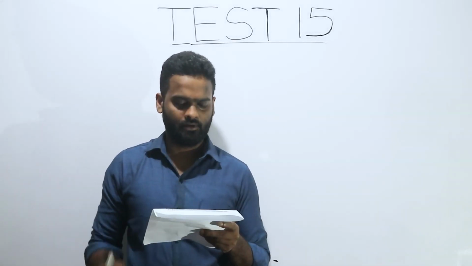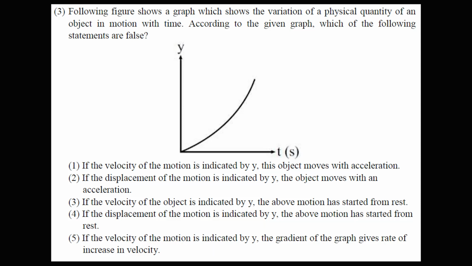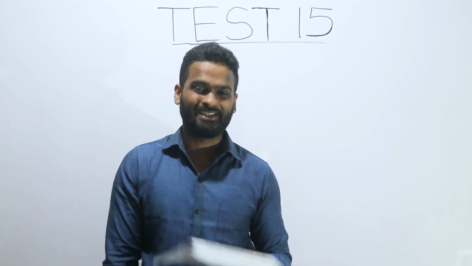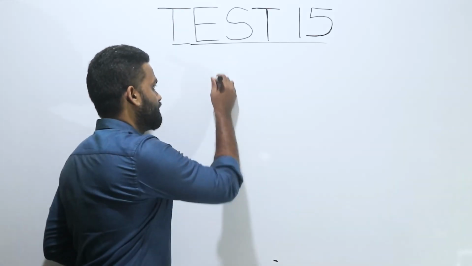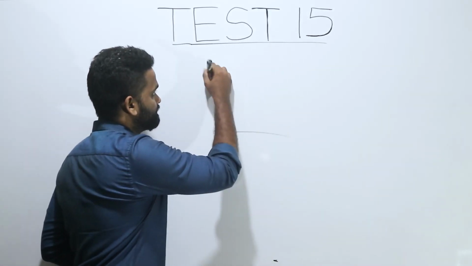Third question. The following figure shows a graph which shows the variation of a physical quantity of an object in motion with time. According to the given graph, which of the following statements are false? So what they are asking is the false statement. The graph given is like this.